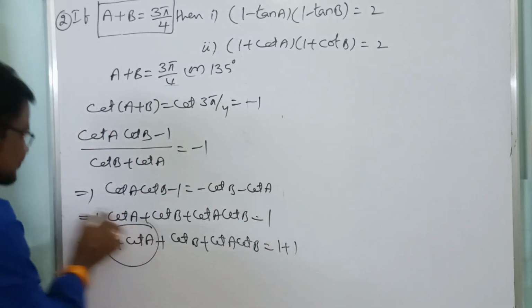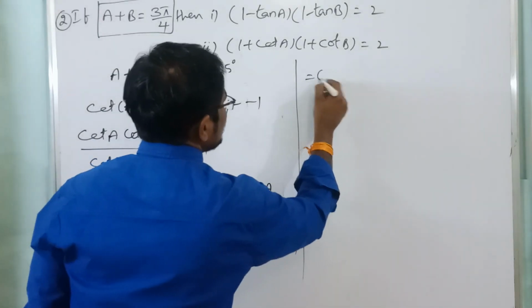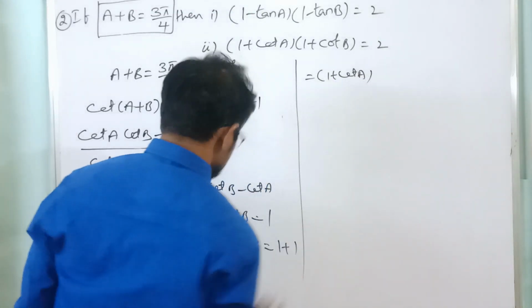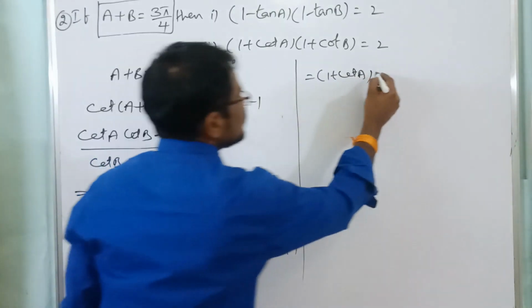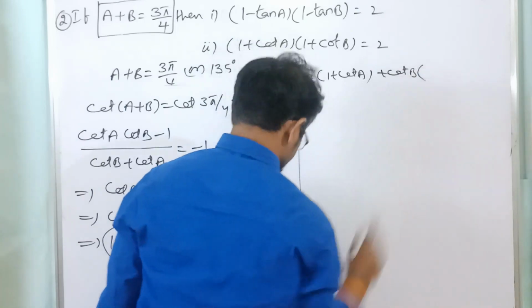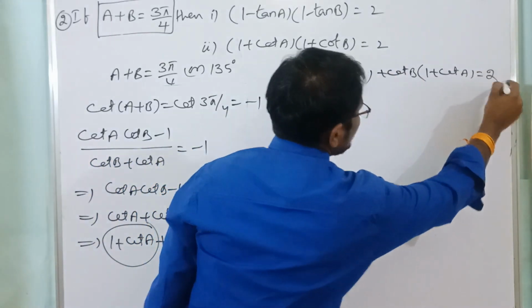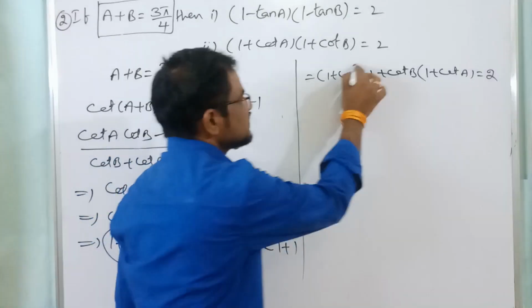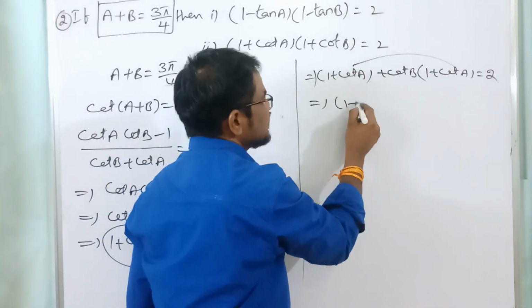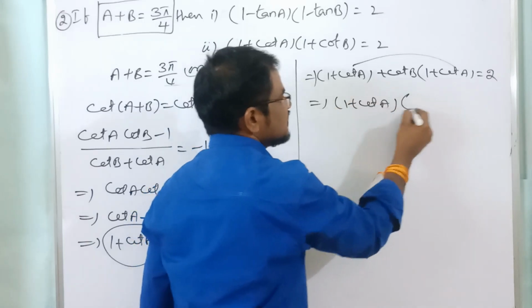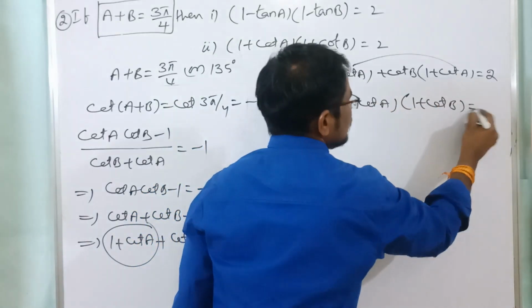So from these two we can write 1 plus cot A as it is, and from these two take cot B common. So here what is remaining? 1 plus cot A remaining, equal to 2. Again from these two, if you take 1 plus cot A common, what is remaining? 1 plus cot B equal to 2.